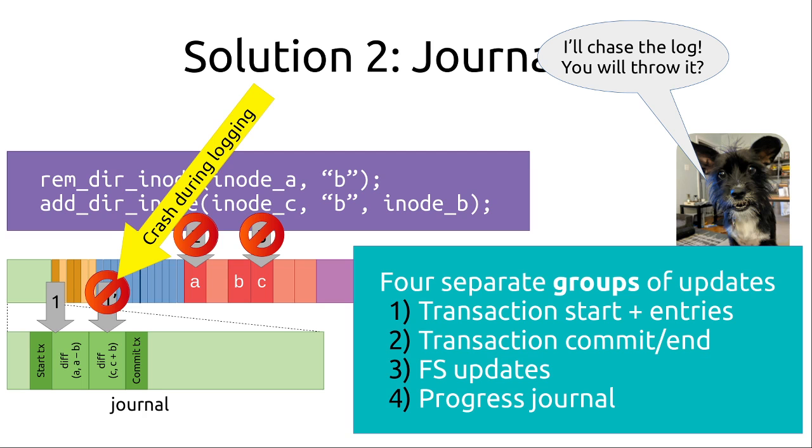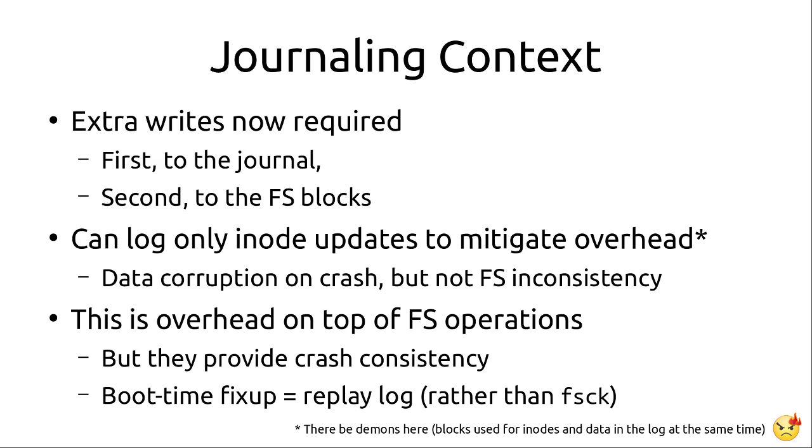And then we essentially progress the journal, which is to say we just say, okay, we've committed that entry. So we update the transaction ID of the overall file system to say that that has been committed. Okay, so this is journaling.